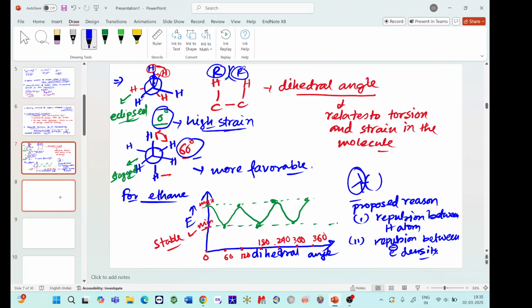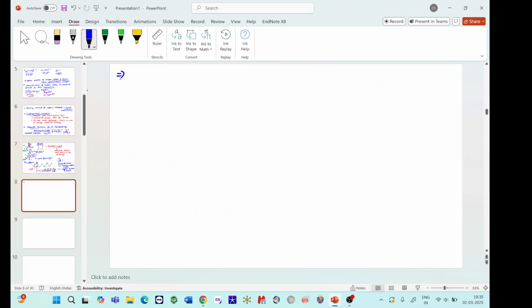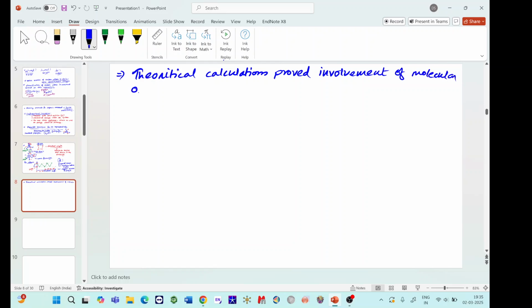What was proved from some theoretical calculation was the involvement of molecular orbitals.